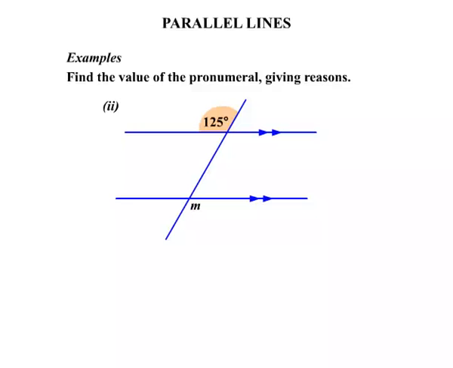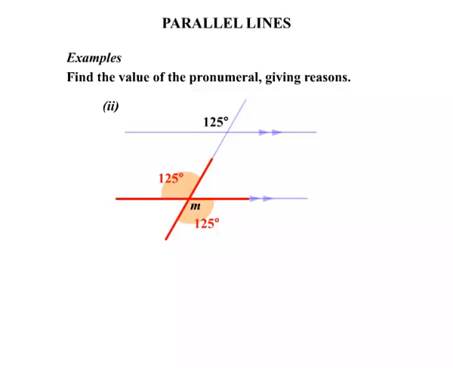Let's work from there. Now we can say that angle there would also be 125 degrees because they are, look at that, the F angles, they are corresponding. Now, what about this 125 we've highlighted? Why is M the same? Can you remember why? Well, they are the same because they are vertically opposite angles.